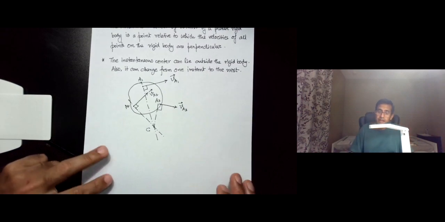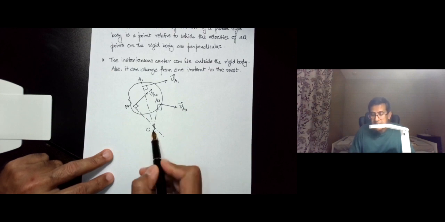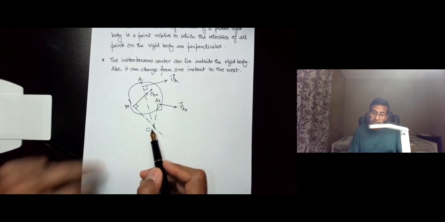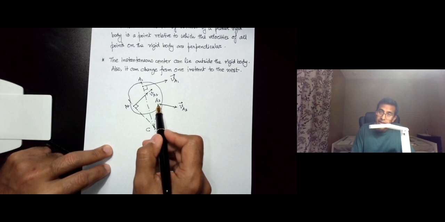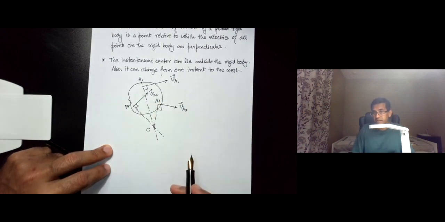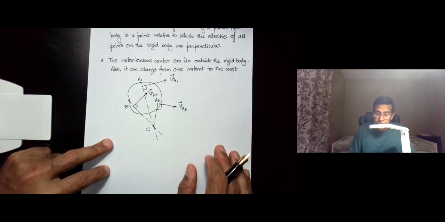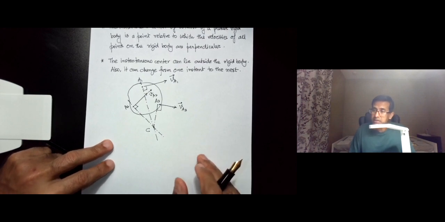So you see that there is some utility of this geometric method. And to be more precise, if I can find out the instantaneous center, then I can use it to predict the direction in which a particular point on that same rigid body will have its velocity. Okay? So that's a very useful tool that can be used in many problems in dynamics.